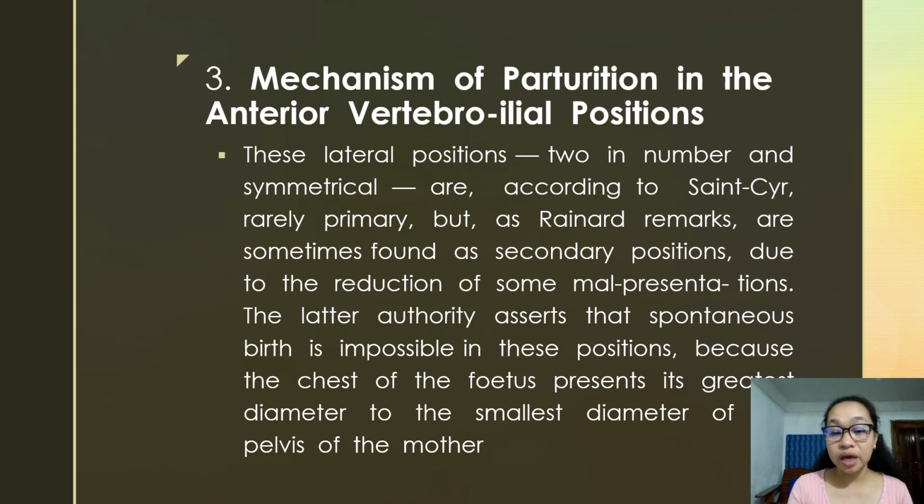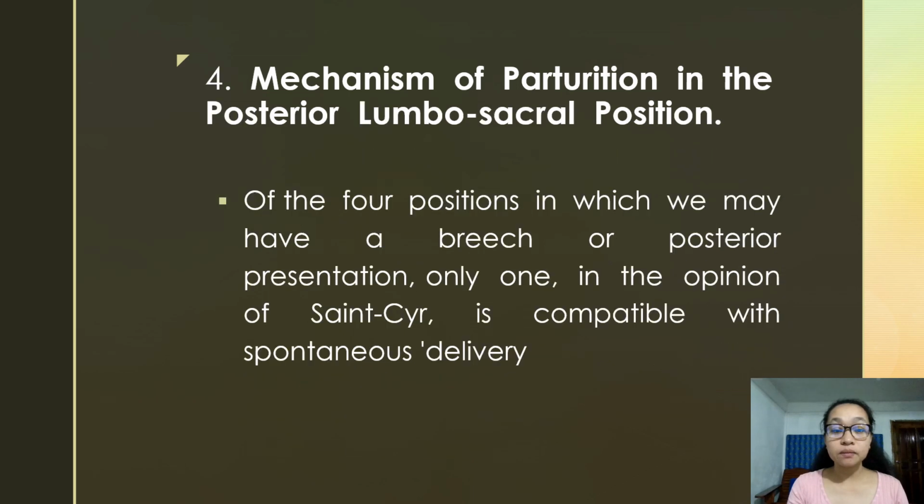But on the other hand, Reynard remarks that this is sometimes found as a secondary position due to the reduction of some malpresentations. The latter authority asserts that spontaneous birth is impossible in these positions because the chest of the fetus presents its greatest diameter to the smallest diameter of the pelvis of the mother.